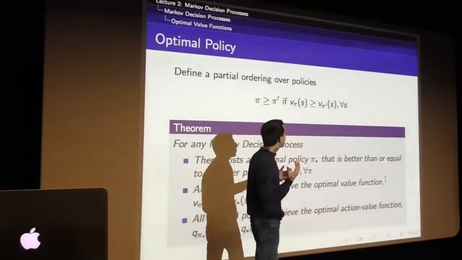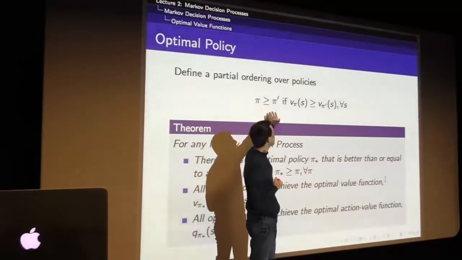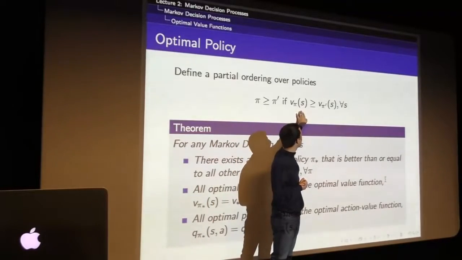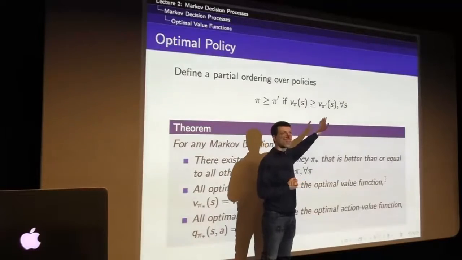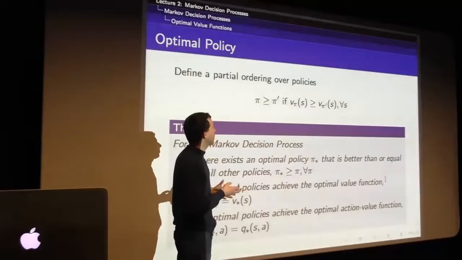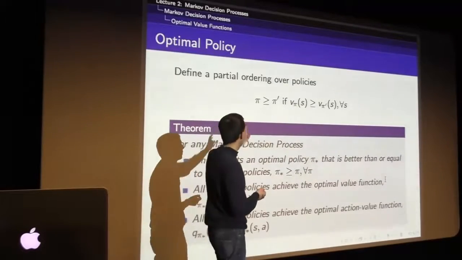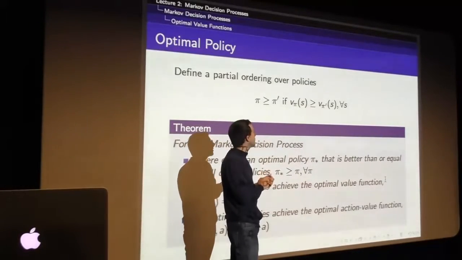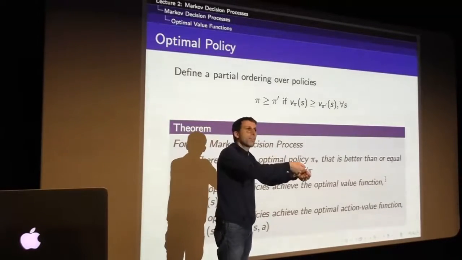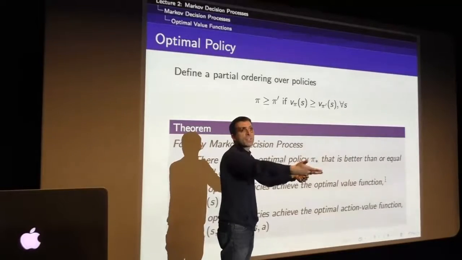It tells us the intuitive thing: one policy is better than another if its value function is greater than or equal to the value function of the other policy in all states. So it can't be worse: it's not possible to say a policy is better than another policy if it's actually worse than that policy in one state.